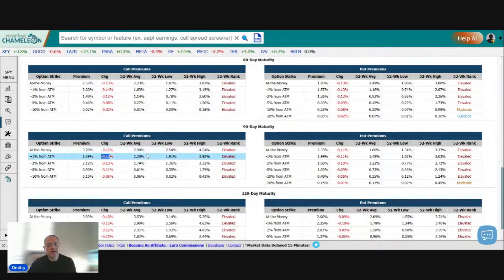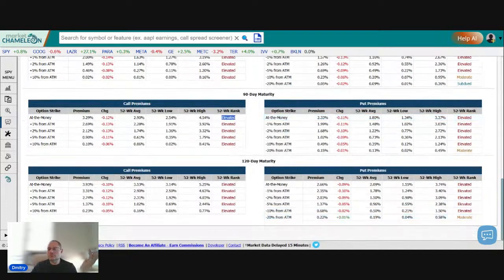This is the change on the day. This is the 52-week average, the low and high, and the percentile, whether it's elevated, subdued, or moderate within range. So this table allows you to quickly see it, and you could see where all of them are kind of in the elevated range.